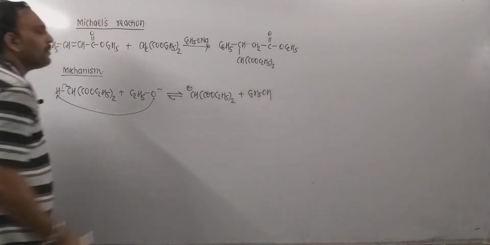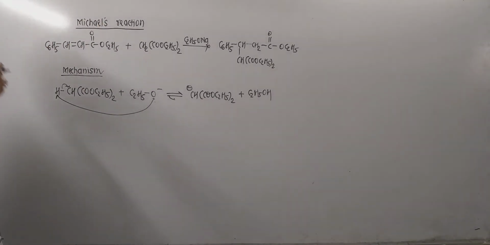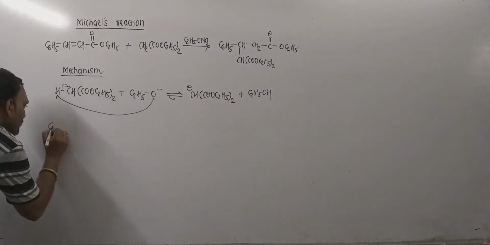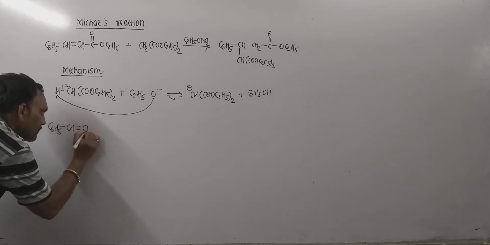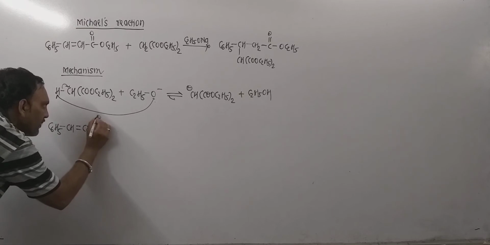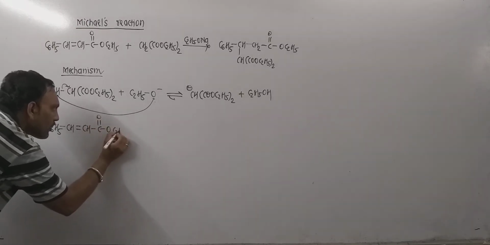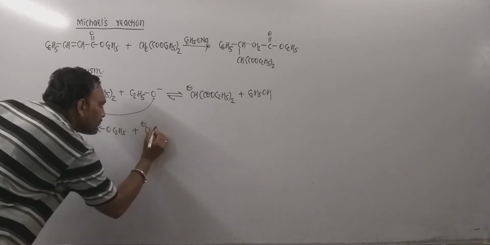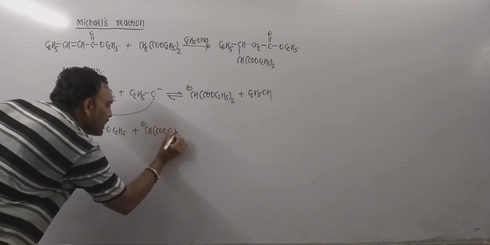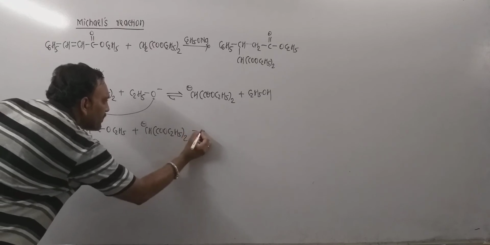Now this carbanion plays a vital role. Ultimately it attacks the alpha beta unsaturated keto compound. So this is the alpha beta unsaturated keto compound which is attacked by our carbanion so obtained.